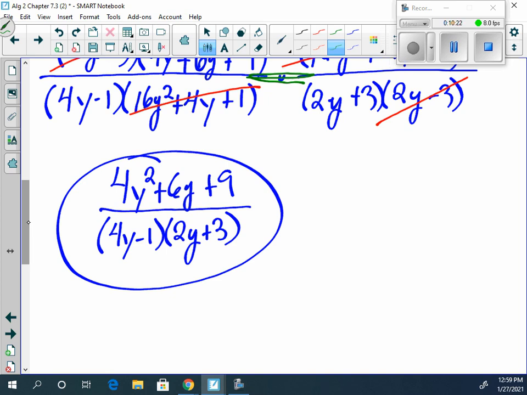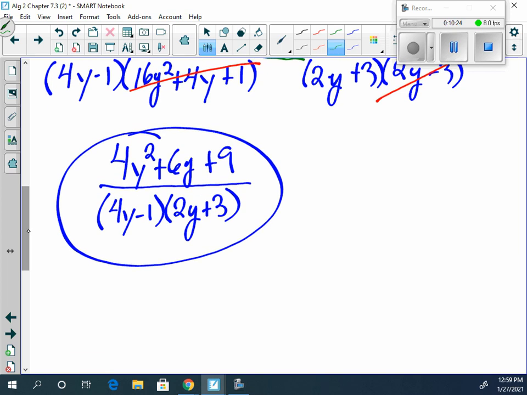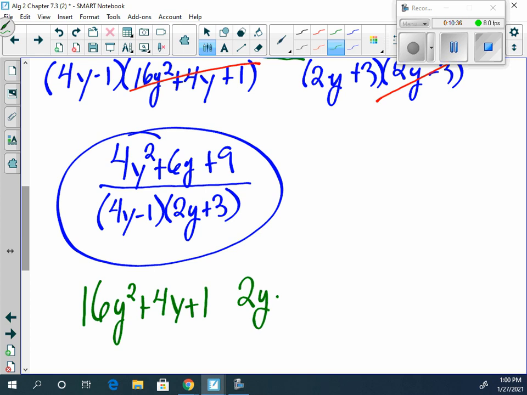Okay, well, we still need to look at our restrictions. And if we go according to the textbook, so 16y squared plus 4y plus 1 simplified out, and 2y minus 3. So these are the two that simplified out completely, and those are the two that we're really going to need to look at to see if there are any restrictions here.